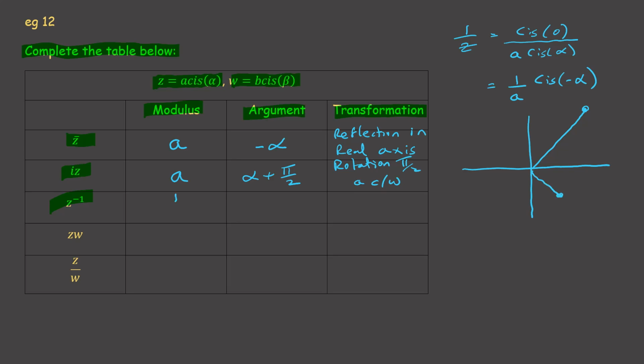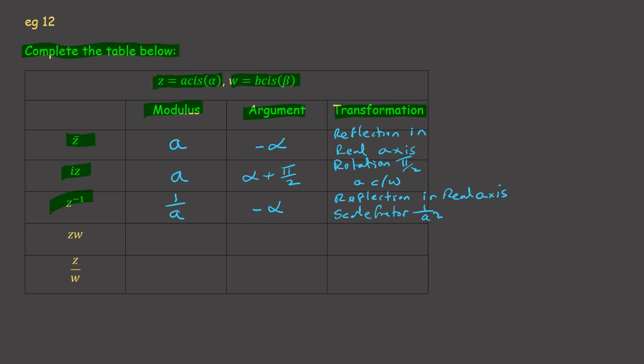The modulus will be 1 over A. The argument would be negative alpha. And it's going to be a reflection in the real axis and also a scale factor of 1 over A squared, which would take it from having a modulus of A to a modulus of 1 over A as it has.